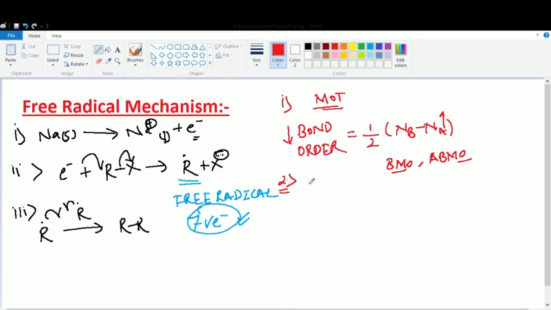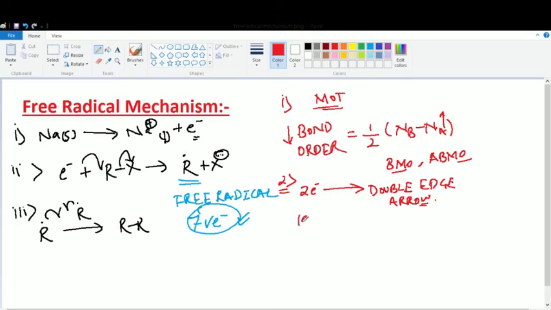Now the second thing we are going to discuss is that when two electrons are attacking, then we will represent it as a double-edge arrow. Nothing wrong with this.